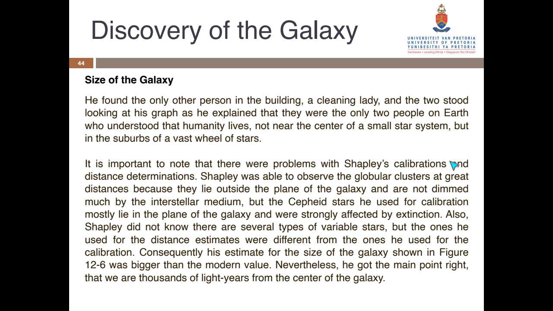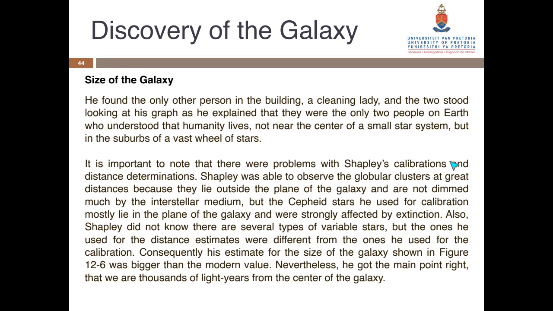It is important to note that there were problems with Shapley's calibrations and distance determinations. Shapley was able to observe the globular clusters at great distances because they lie outside the plane of the galaxy and are not dimmed much by the interstellar medium. But the Cepheid stars he had used for calibration mostly lie in the plane of the galaxy and were strongly affected by extinction.